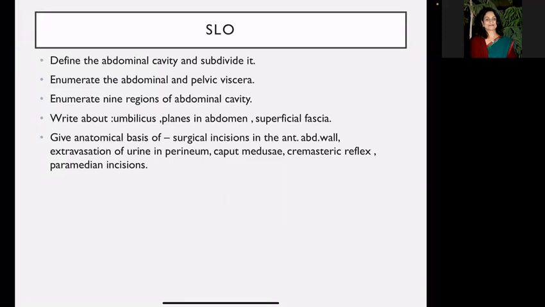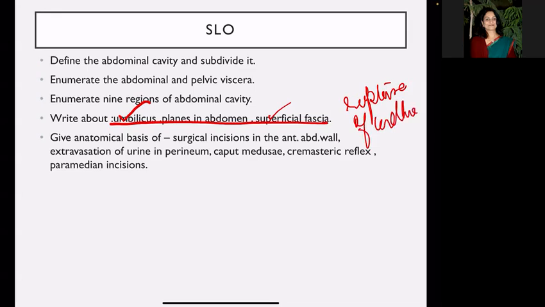These are some important SLOs: define the abdominal cavity and subdivide it, enumerate the abdominal and pelvic viscera, enumerate the nine regions of the abdominal cavity, write about the umbilicus, planes of the abdomen, superficial fascia. This is again very important. So you get questions on the umbilicus, on the superficial fascia, and on rupture of urethra in this region, and why the urine is not extravasated into the fascia lata.